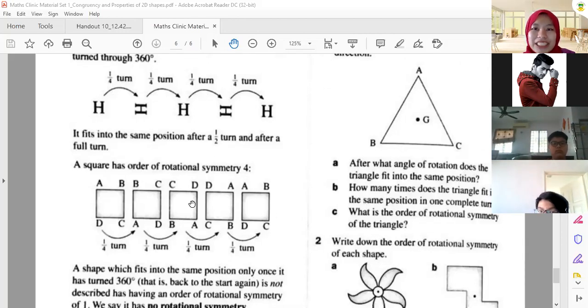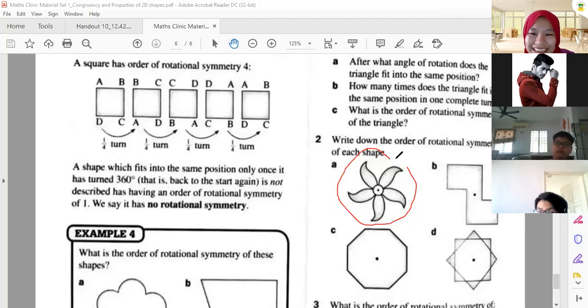What do you think of this shape? You can find many weird, unique shapes here, like a fan blade. How many orders of rotational symmetry? Let's say 1, 2, 3, 4, 5. So number 1 can also be here. How many rotational symmetries does it have? 5. Good.